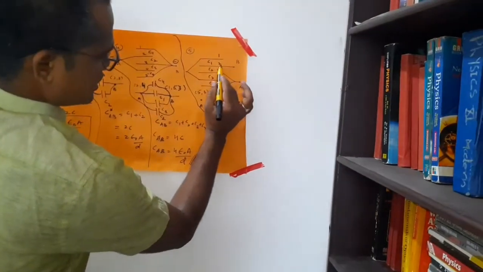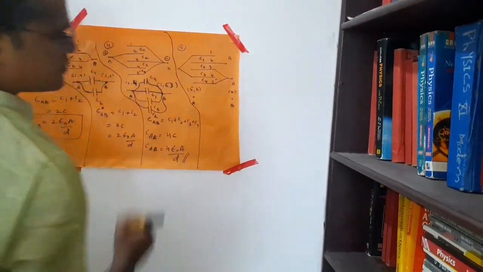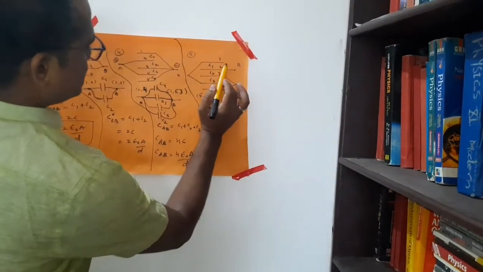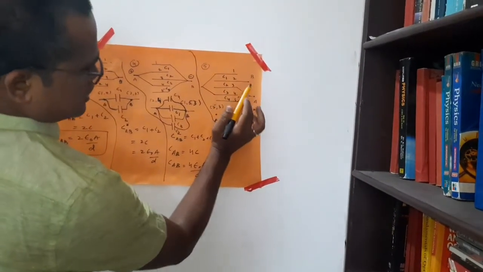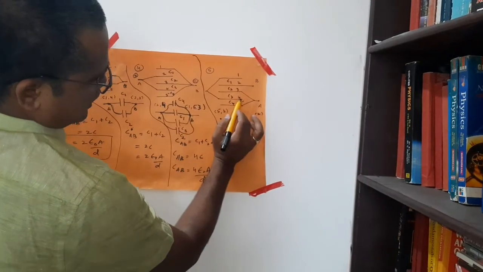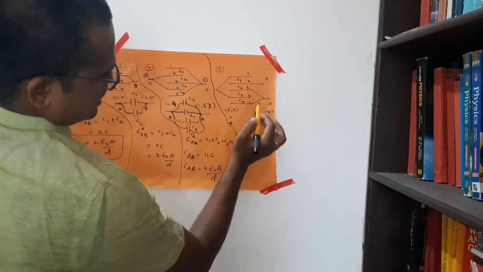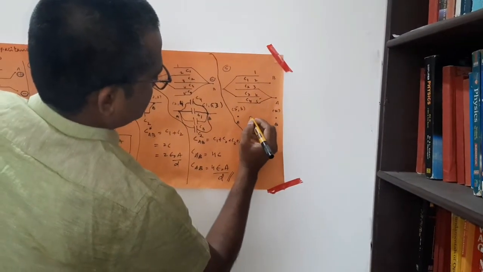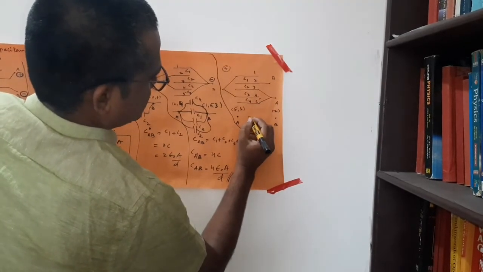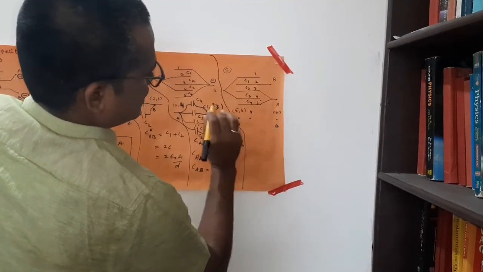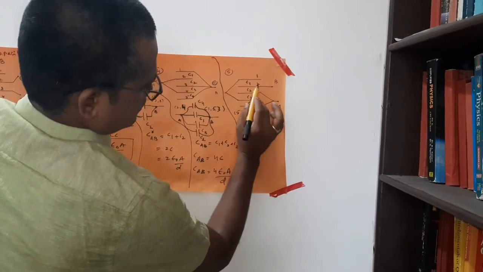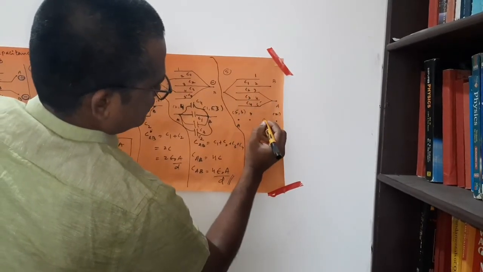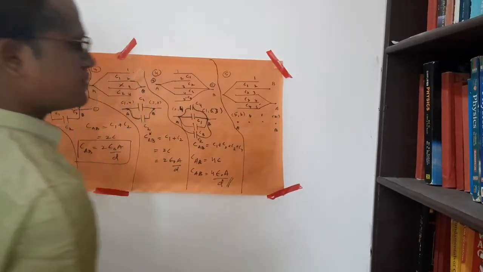B has been connected to only plate 2. Now plate 1 and plate 4 are neither connected directly to A nor to B. I'll take 4 here, and one more is 1, so the point 1 is here.